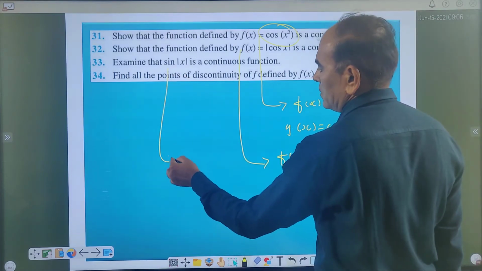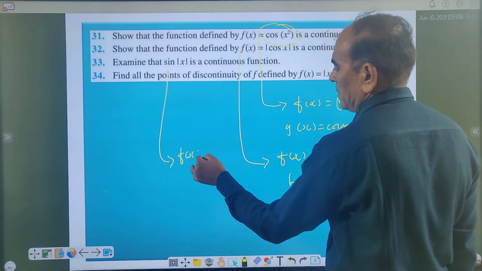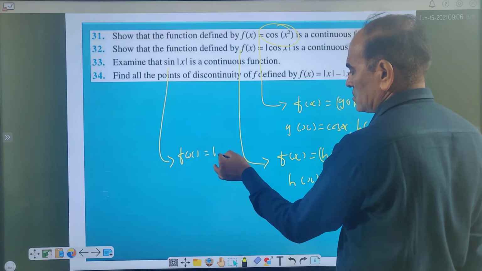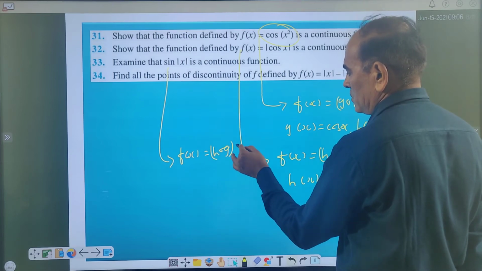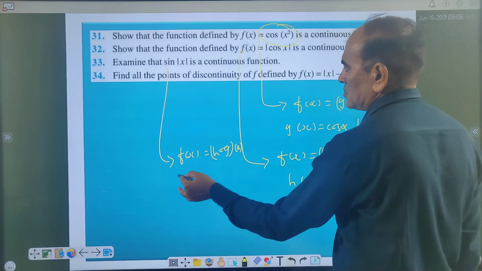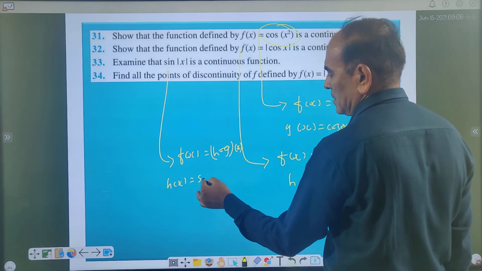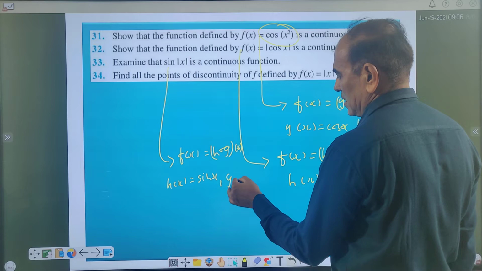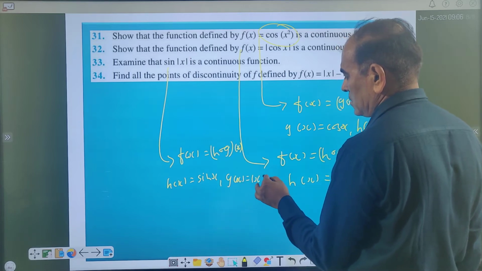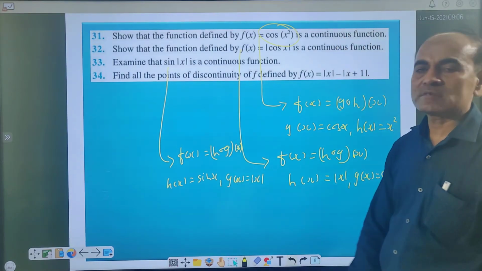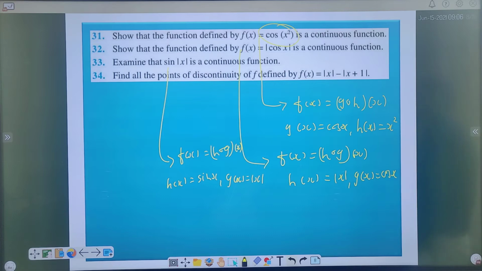And for this one, what do you have to take? f(x) is equal to, you can take any two functions, but for simplicity I am taking h o g. The first function h(x) is sin x, the second function g(x) is equal to mod x. And see, these two functions are continuous, and the composition of two continuous functions is also continuous.